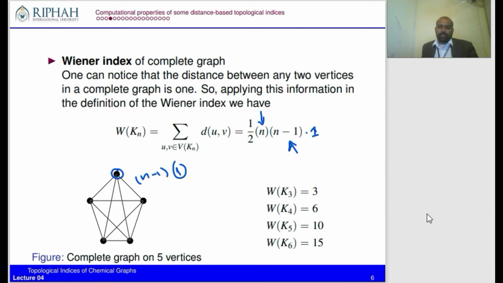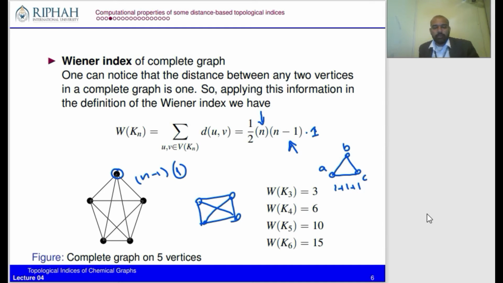Here are some examples. For K3, the Wiener index is 3, because you can see that the distance between A and B is 1, B to C is 1, and C to A is 1. So the total distance is 1 plus 1 plus 1, which is 3. Similarly for K4, this is again a complete graph, on 4 vertices.